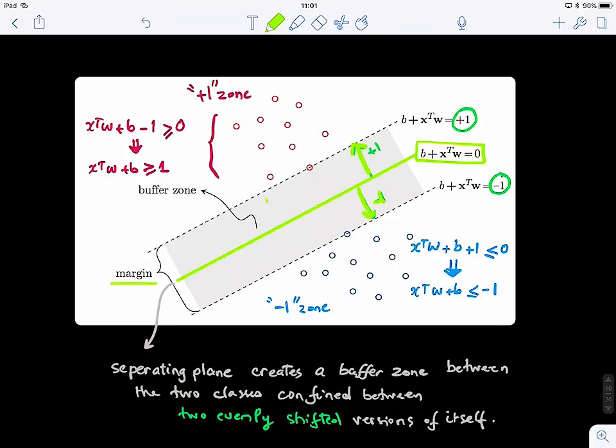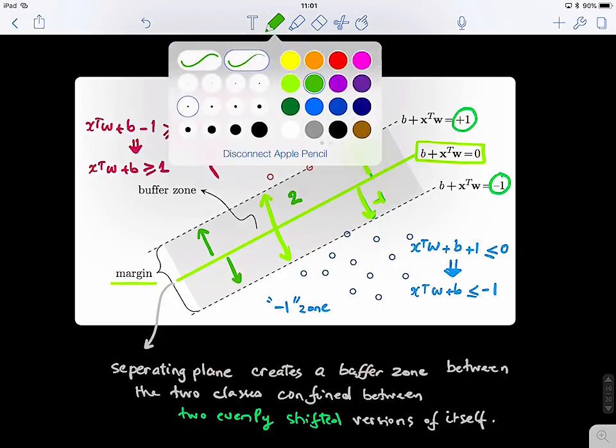So the size of the margin here is equal to 2. Okay? So in this case, what we do is very simple. We just shift the hyperplane up by +1 and shift it down by -1. And we want to solve for this new constraint.